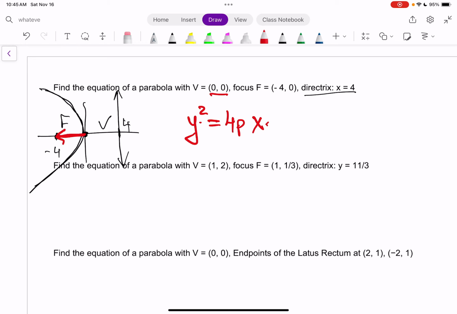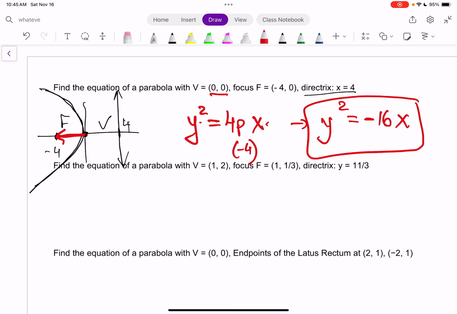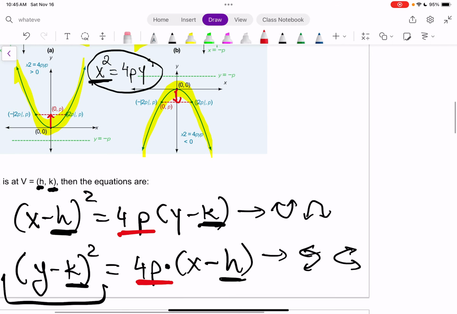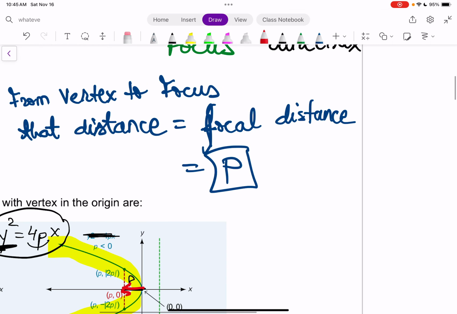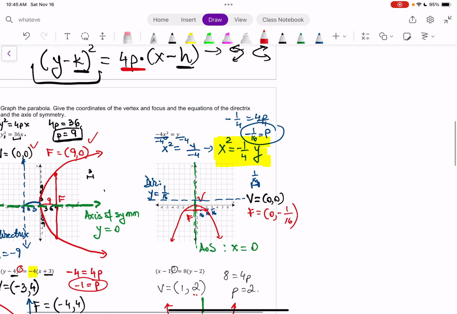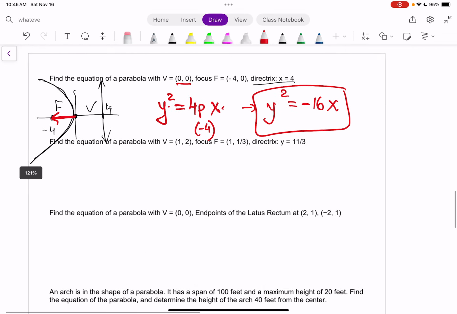I shouldn't really say focal distance. I should say the absolute value of p is the focal distance, because a distance should always be a positive quantity. So let me make that clear. The distance is the absolute value of p. P can be positive or negative, right? It will tell us which direction to go.